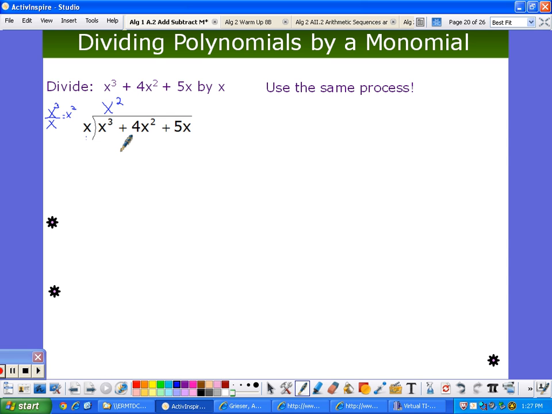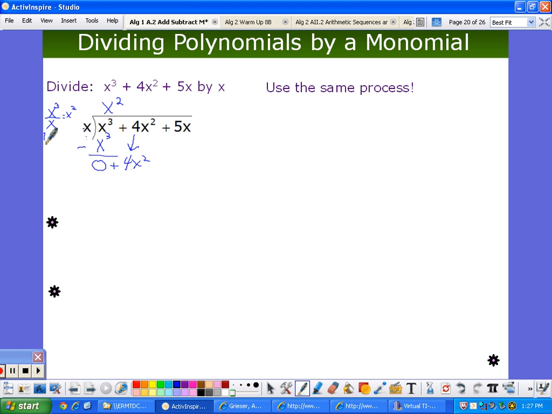The next step is a multiply, just like with the numbers. x squared times x, that's x cubed. And I'm telling you, if you don't get the exact same thing, you have made a mistake. You're always going to get the exact same thing here. Subtract step. You get a 0, bring it down. My 4x squared. x times what is 4x squared?